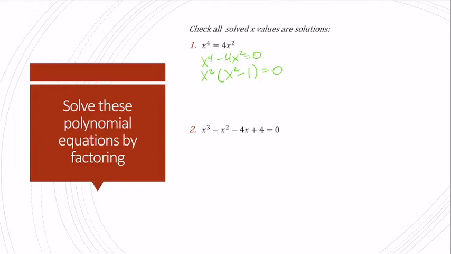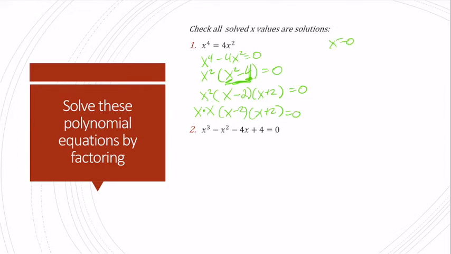I can then go ahead and factor this binomial right here. I've got x squared times x minus 2 times x plus 2, and the reason I knew this was going to factor is because it's a difference of perfect squares. So I'm going to set each of my factors equal to 0.